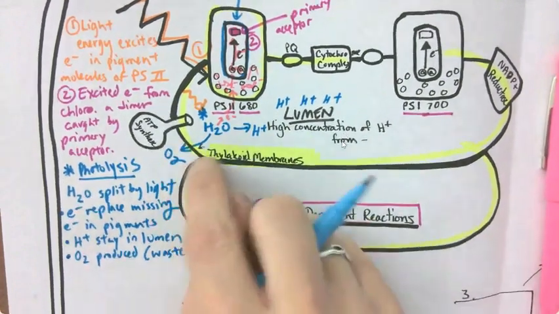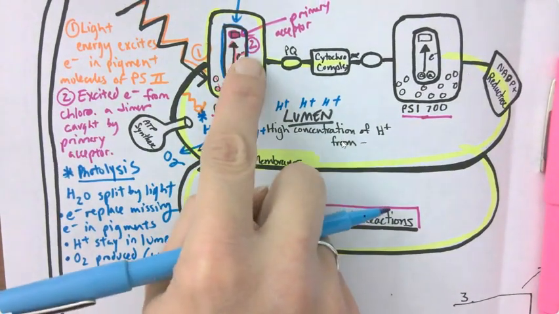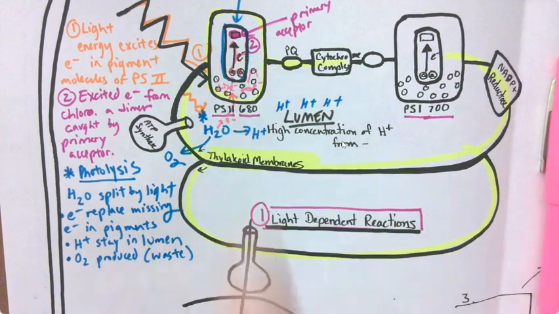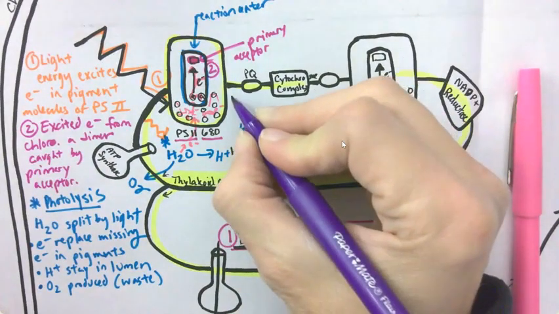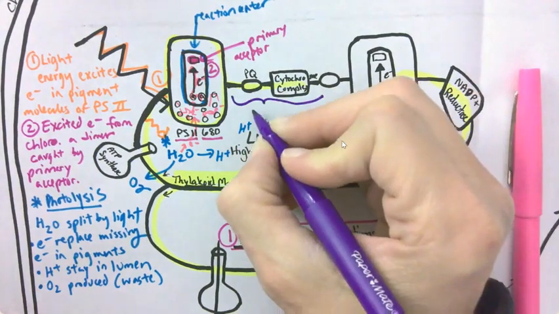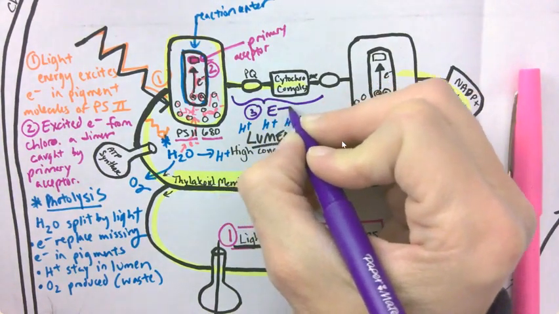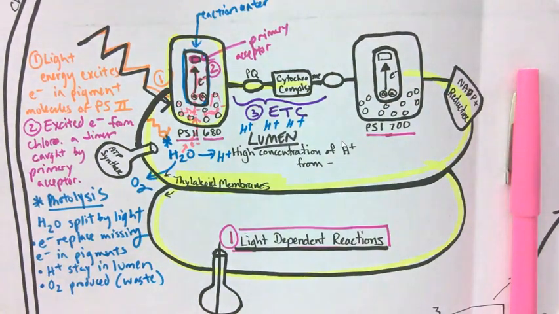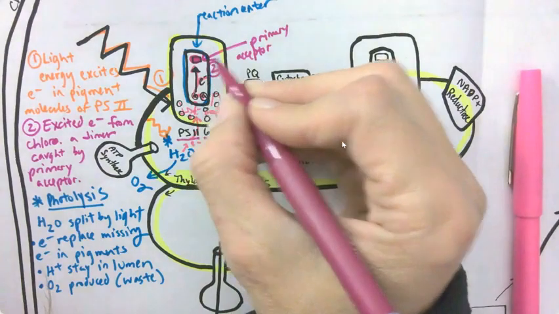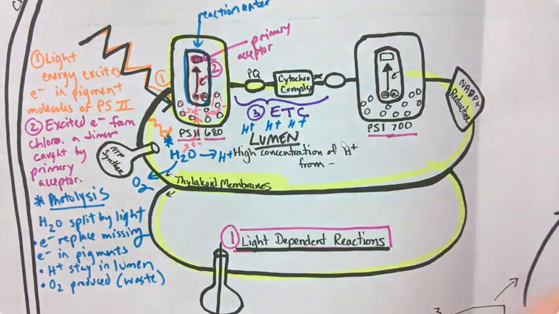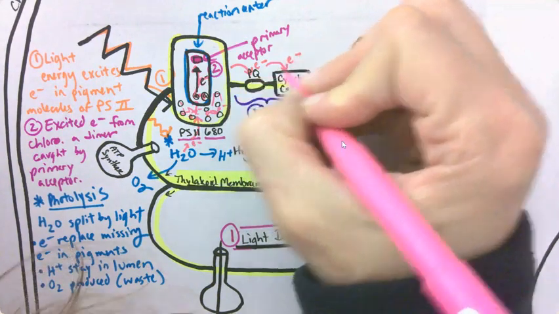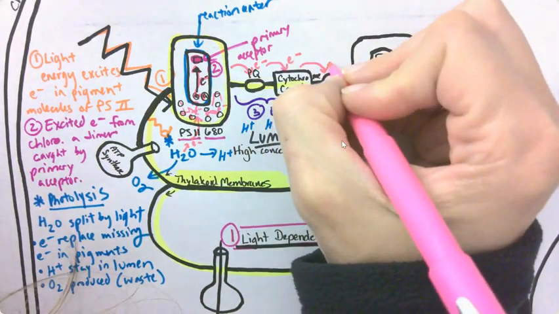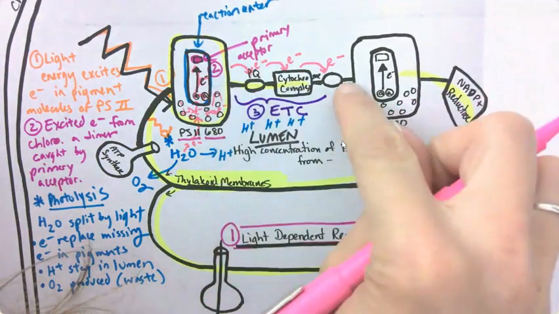Okay, so we've replaced these missing electrons. Where did these high energy electrons go? Well, these high energy electrons are going to be passed down something that will sound familiar to you, which is our electron transport chain. So these high energy electrons that were caught by the primary acceptor are going to be transferred down the electron transport chain. As there's an exergonic flow of these electrons, energy is released.